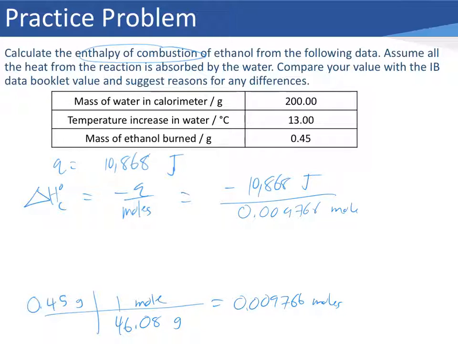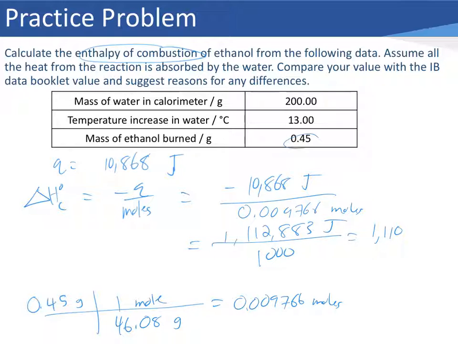So now I'm going to divide and I get 1,112,883 joules. If I divide by 1,000 because I want kilojoules, I get 1,100 and let's call it 10 kilojoules.